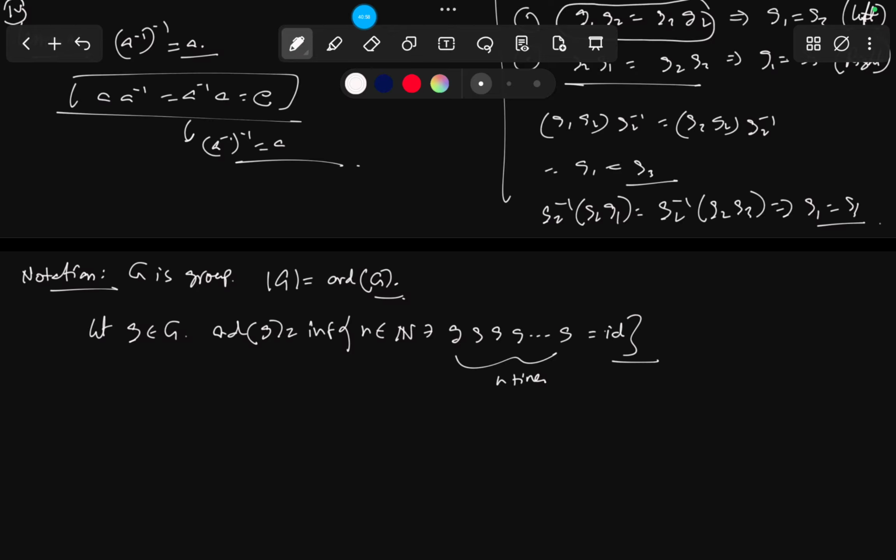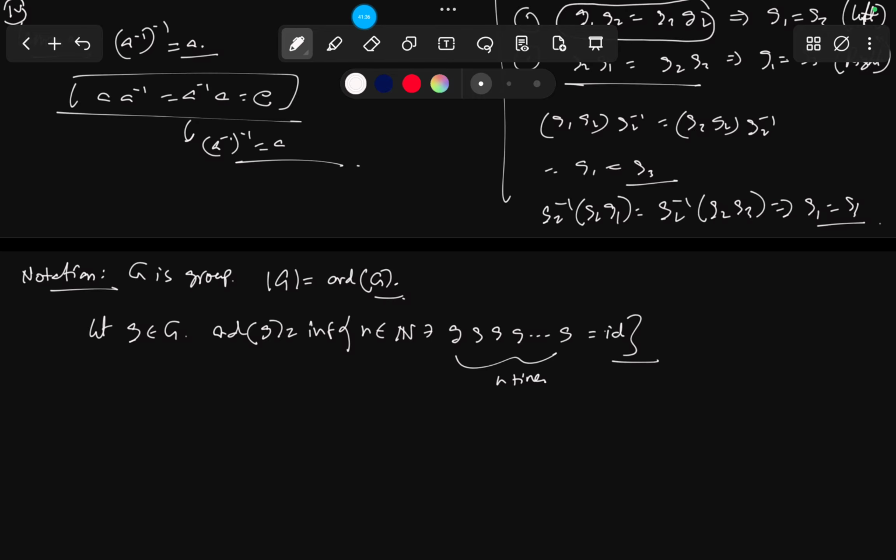That means I need to find at least some natural number such that if I repeat the multiplication of g with itself n times, it gives the identity element. And if there is no such natural number, then we say that g is of infinite order.